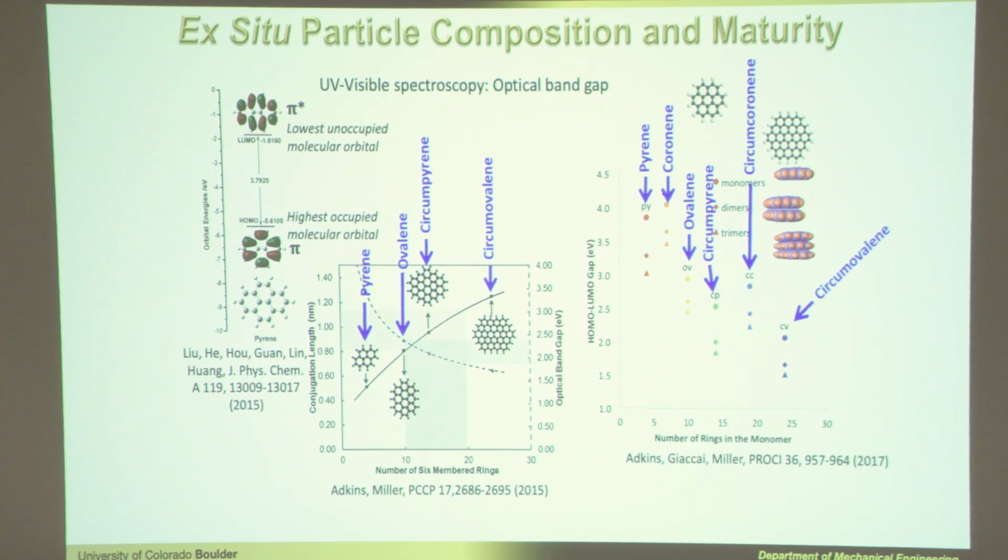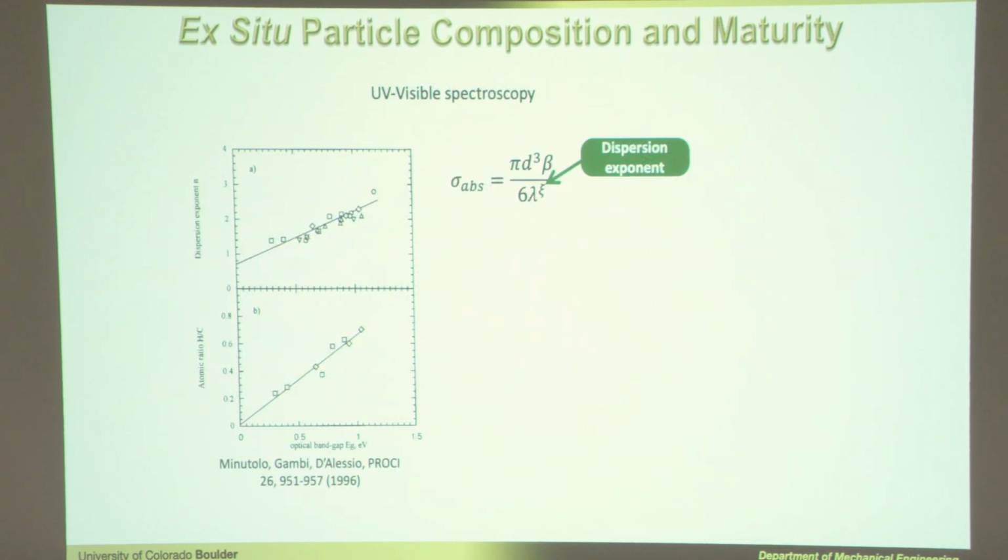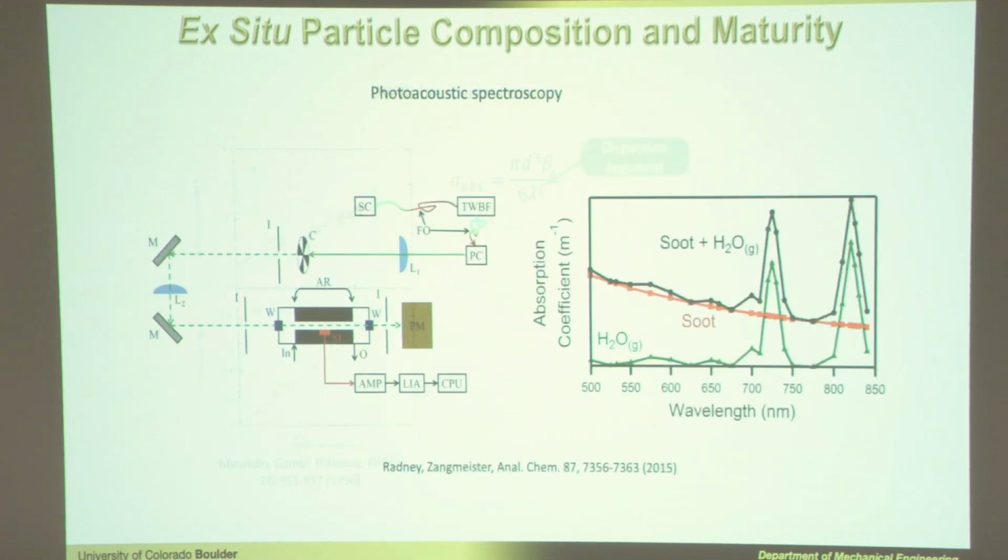Again, remember that's related to how broadband your spectrum is. It basically gives you the transition energy between your highest occupied molecular orbital and the lowest unoccupied molecular orbital. And then your dispersion exponent, we talked about that already.